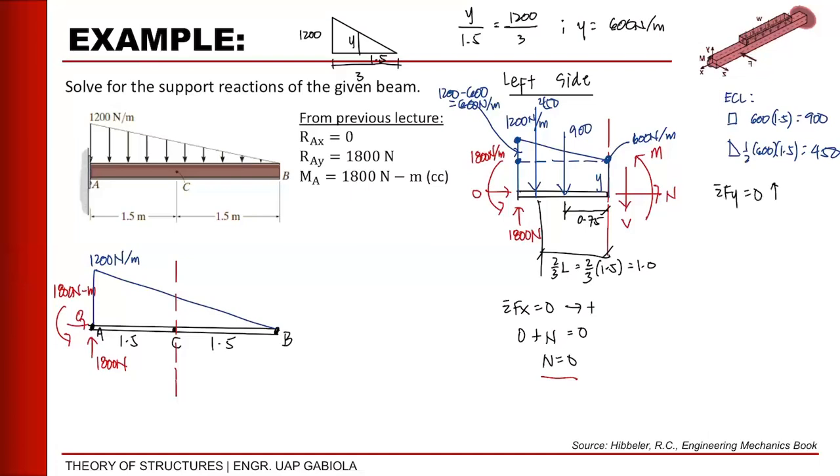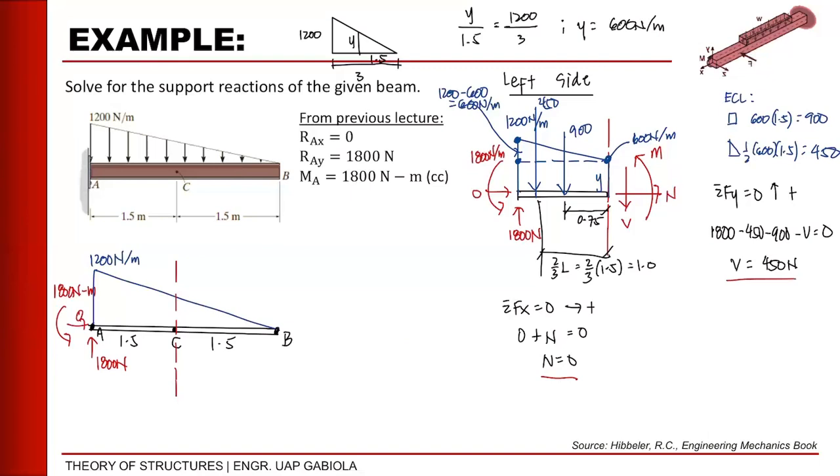Taking upward as positive, our forces in y are 1,800, this 450, this 900, and V. Okay? So we have 1,800 minus 450 minus 900 minus V equals 0, or V equals 1,800 minus 450 minus 900. That is 450. The unit is Newton. Okay? So that is our internal shear value.